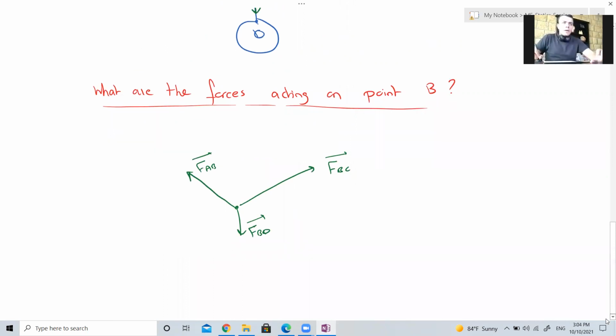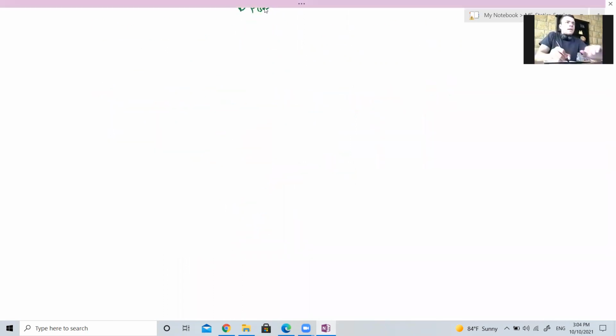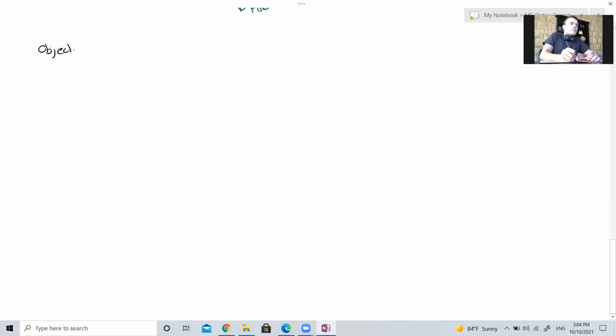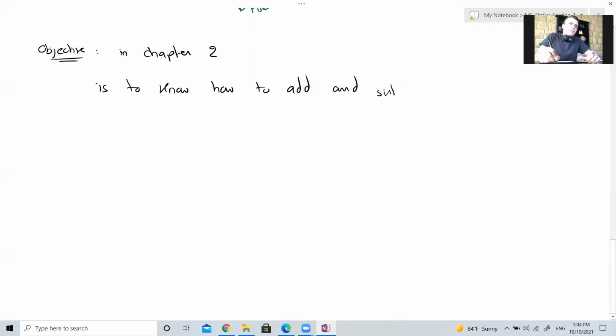Our objective in chapter 2 is to know how to add and subtract forces, how to deal with forces.